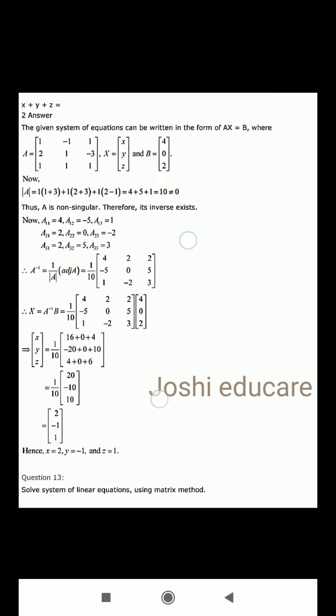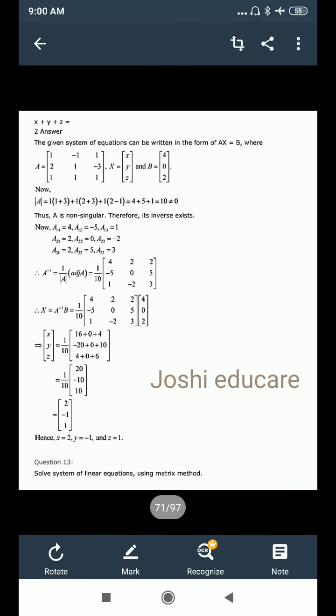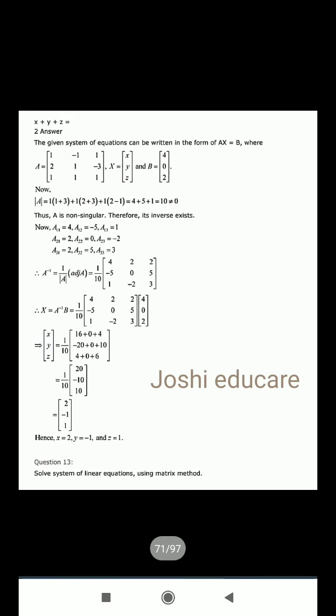Next step, you will find adjoint of A and A inverse. Then you will write capital X is equal to A inverse into B. A inverse into B, again you will get a column matrix, and X is also a column matrix. Equating the corresponding terms, you will get the answer. Question number 13 is also the same.